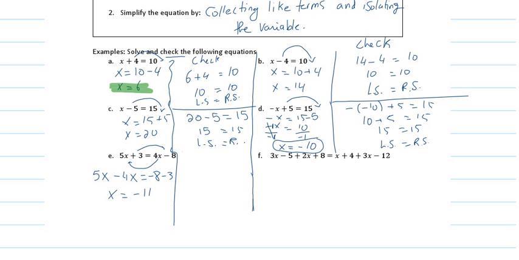Okay, so let's check our work. To check, I have to plug in that negative 11, whatever x is. So there's 2 places where I have to plug it in. I have to plug it in after the 5, so 5 times negative 11, plus 3 equals 4 times negative 11 minus 8.